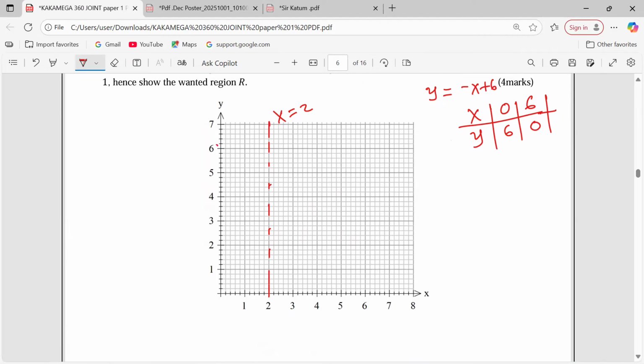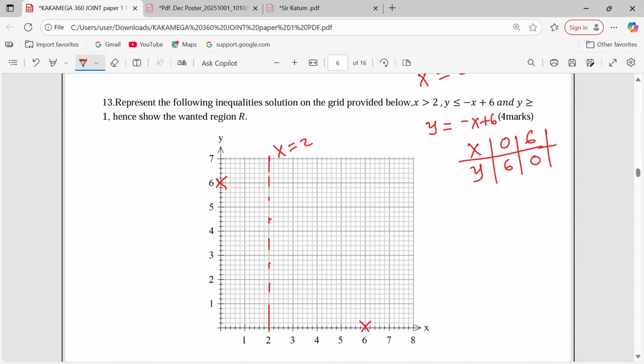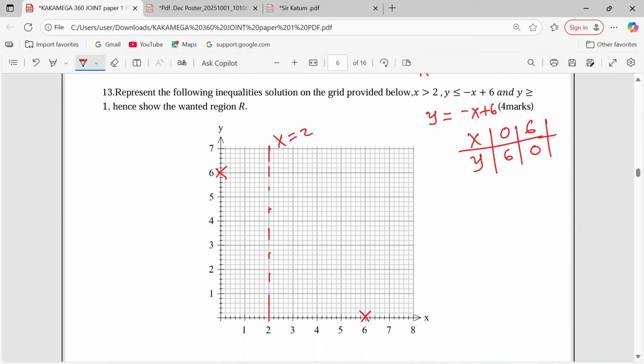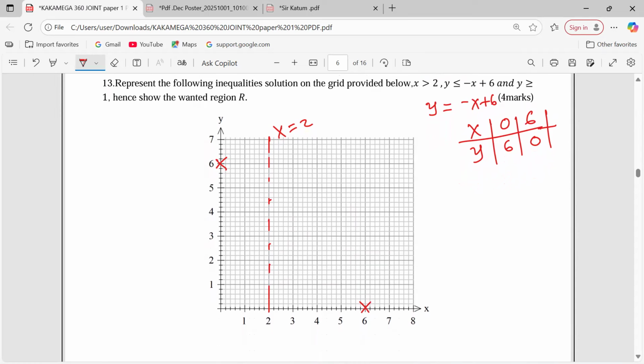So we join this particular coordinate together with this one. Then, because of the nature of the inequality sign, we use a complete line. Yeah, so this is line y equals to negative x plus 6.